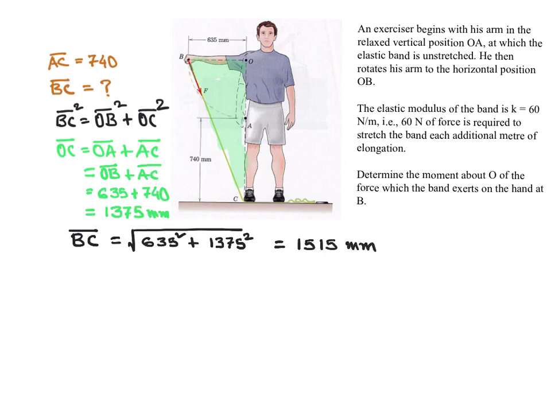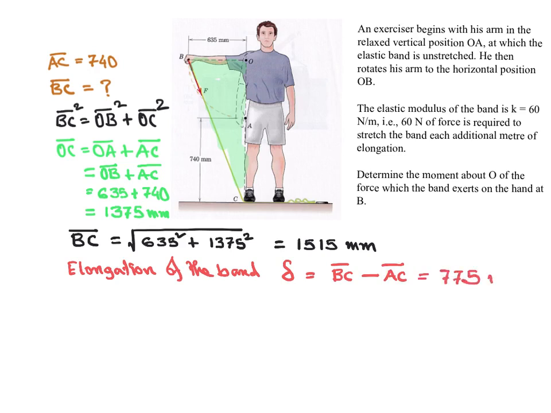So how much is the elongation of the band? If we call the elongation delta, that would be BC minus its original length AC, which gives us 775 millimeter.